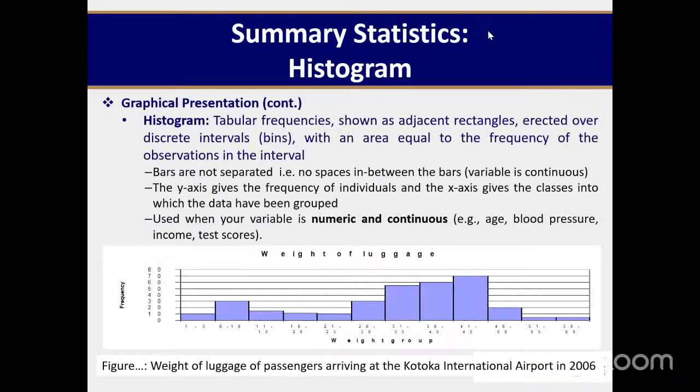When we talk about histogram, there are tabular frequencies shown as adjacent rectangles with no space between them. There are intervals. The frequency of the observation corresponds to the height of that particular bar.